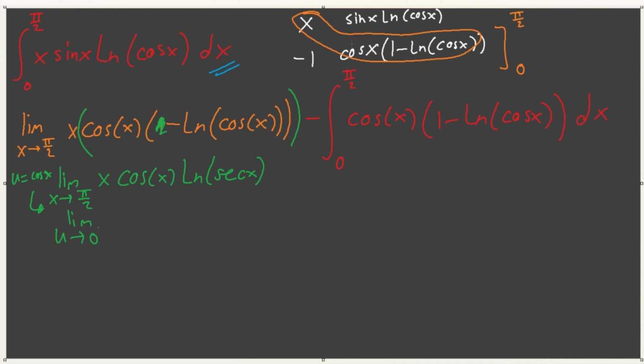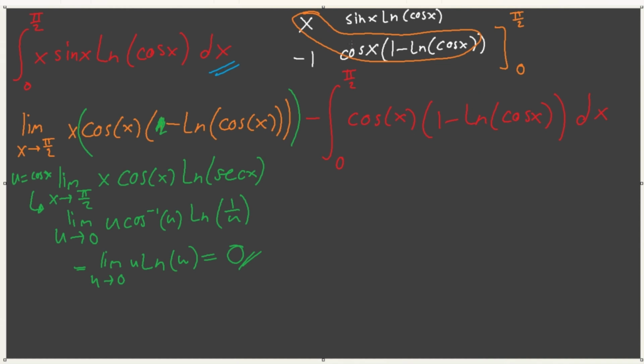So then inverse cosine, ln of 1 over u. This is exactly like this integral here, which everything becomes 0. It's so evil. It is so evil, the fact that this whole limit here is equal to 0. So evil. Now we can just focus on here.